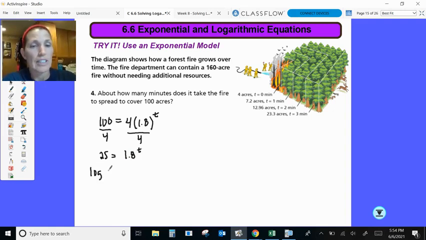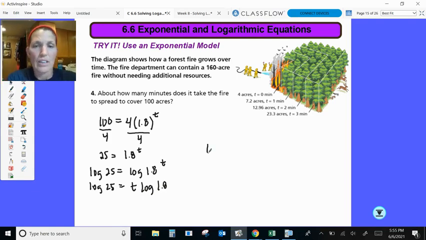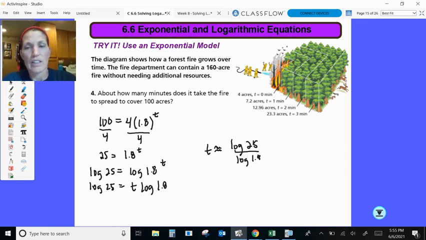And we're going to, again, take the logarithm of both sides. So log of 25 equals log of 1.8 to the t. So log of 25 equals, we'll use our exponent property there to pull that t out in front, t times log of 1.8. And then we'll divide both sides by log of 1.8. So t equals log of 25 divided by log of 1.8.